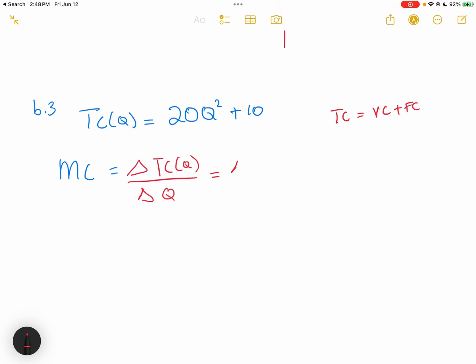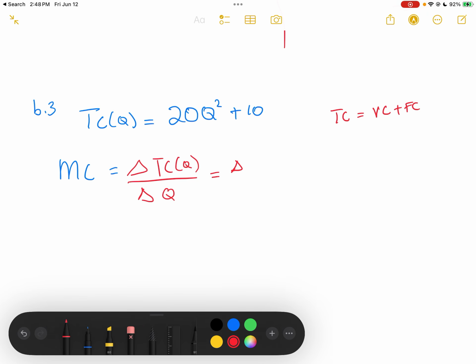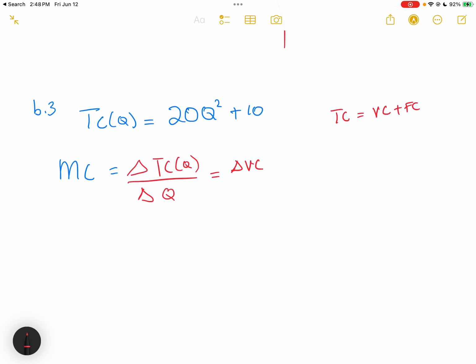And so this is the same as writing change in total cost, change in variable cost over change in Q plus change in fixed cost over change in Q. What did we tell you about fixed costs? Fixed costs remain constant regardless of whether you produce some Q or no Q at all. And you know that the derivative of the constant is 0. So this is going to go to 0.